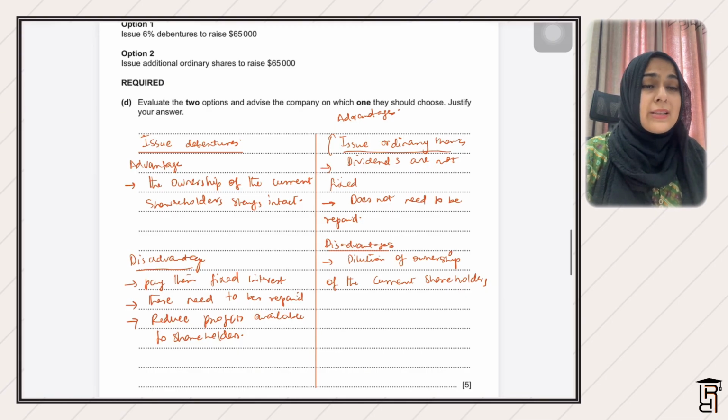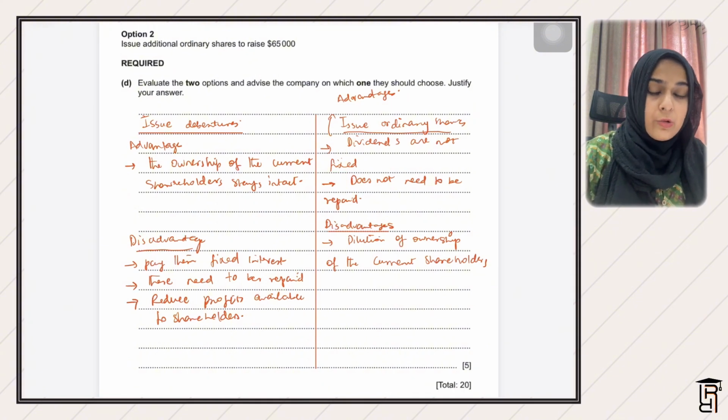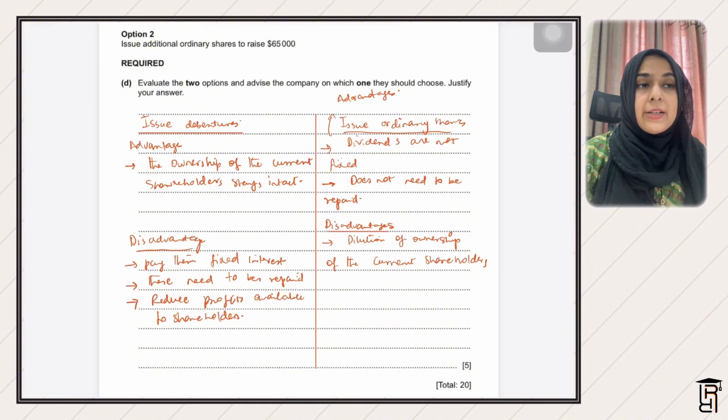So first, debenture holders are returned their money, then preference shareholders, and then if anything is remaining, ordinary shareholders are repaid the money that they have invested.